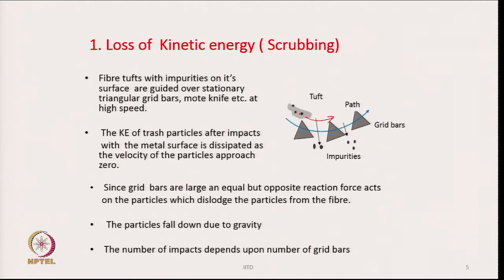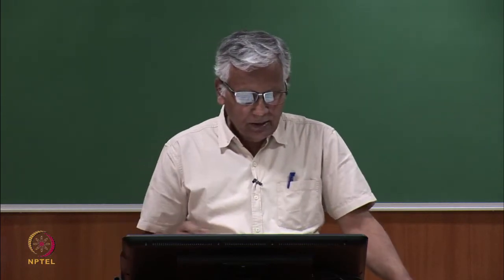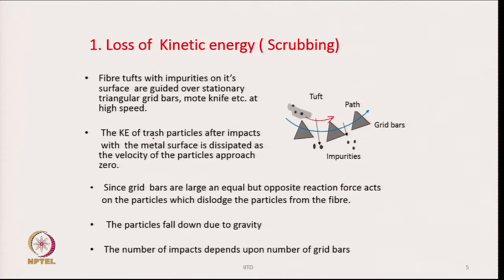Grid bars are stationary. The tufts are moving at a high speed. The surface is full of trash, and as they cross over this zone, there are repeated minor impacts. What is happening? The kinetic energy of the trash particle after impact with the metal surface is immediately dissipated, because once there is an impact, the speed of the trash particle will be almost 0, and therefore, there will be loss of kinetic energy of the trash particles because of this impact.